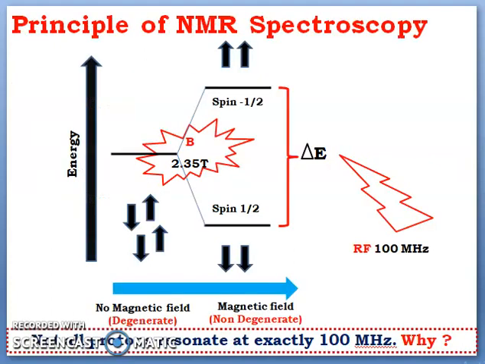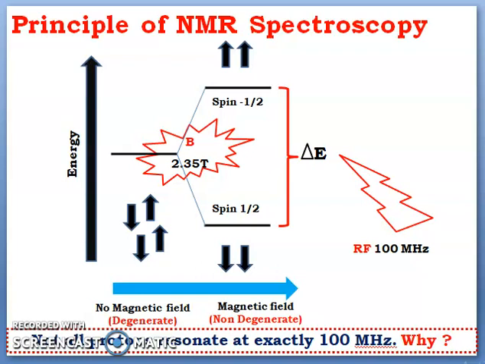As we all know, the spin states are degenerate in the absence of a magnetic field, and when a magnetic field strength of around 2.35 Tesla is applied to the nucleus, the degeneracy is lost.